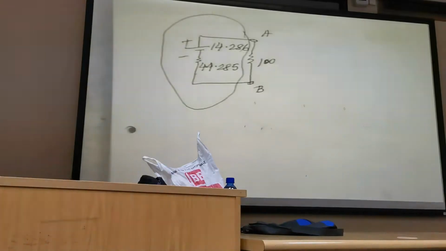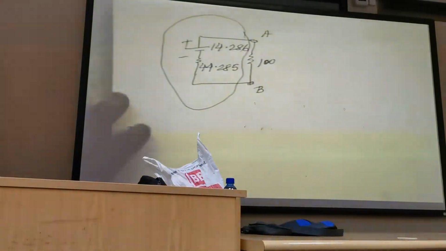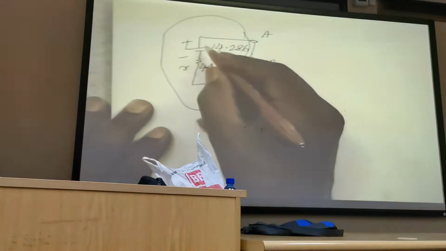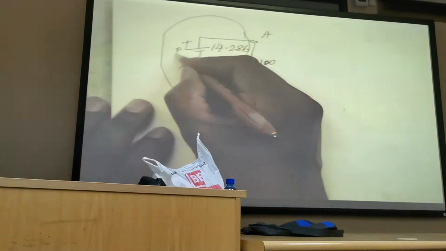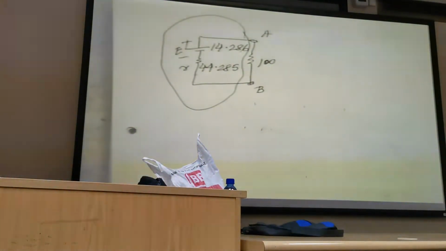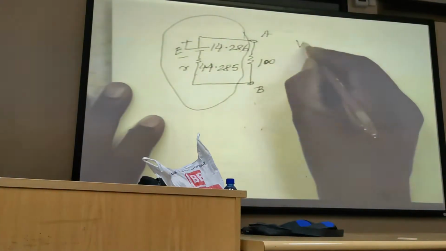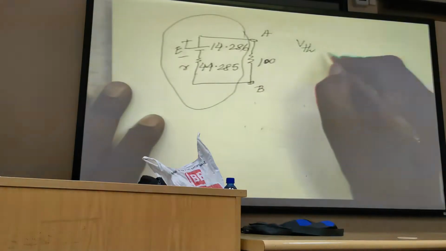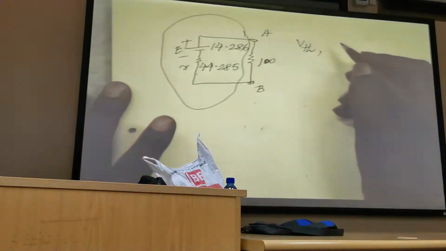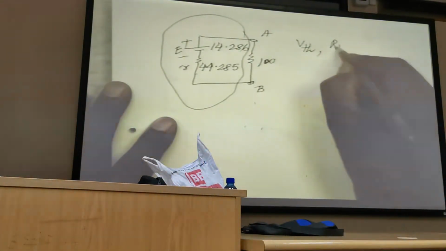Clear? So you write the Thevenin's equivalent resistance, you write the Thevenin's equivalent voltage, and as for that one, we said this is small r, and we said this one to be E, right? But mostly what we do, we say Thevenin's voltage, V Thevenin, and for Thevenin's resistance, we say R Thevenin.